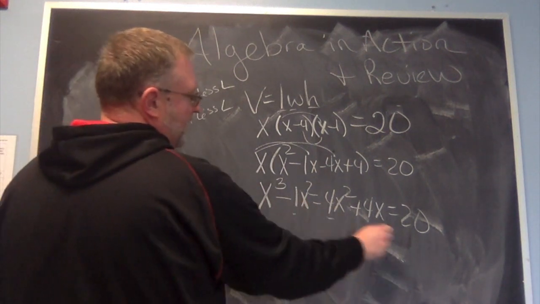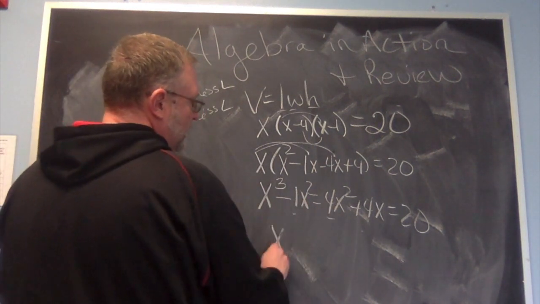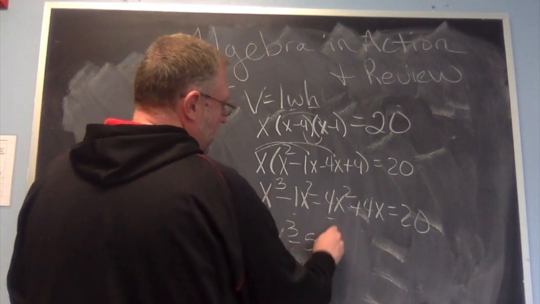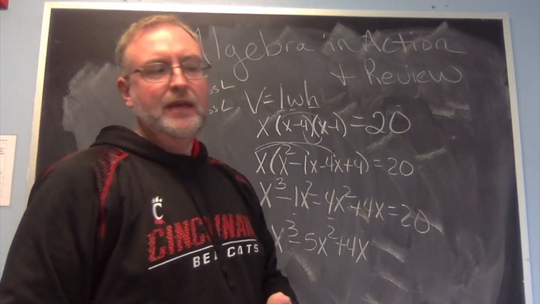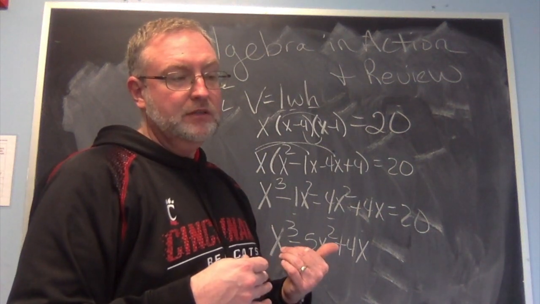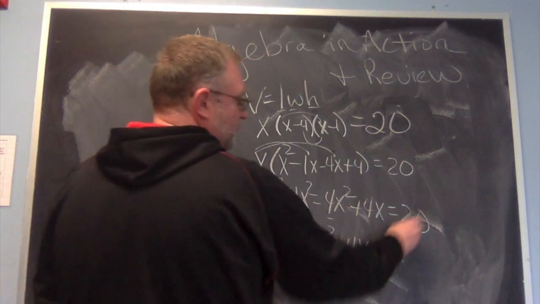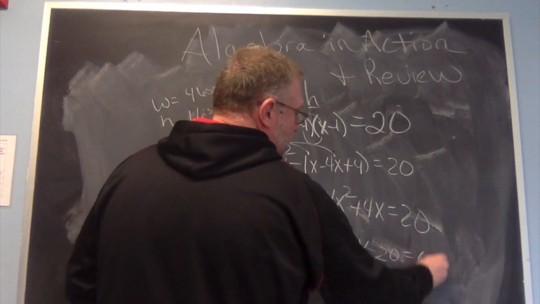Now I can put these two together. I forgot to put my outer and inner together. So I have x cubed minus 5x squared plus 4x, and now I have the equals 20. I'm going to bring that 20 over, so minus 20 equals 0.